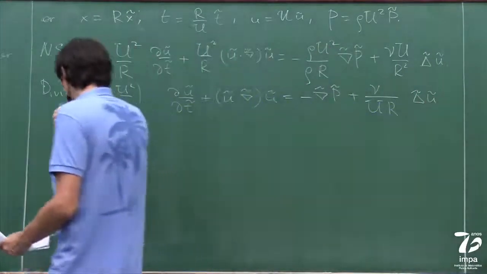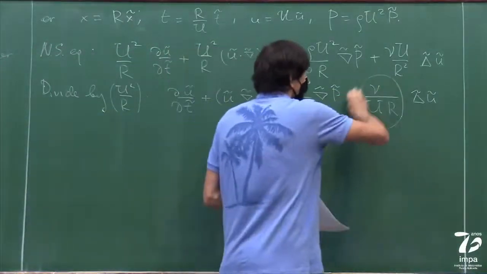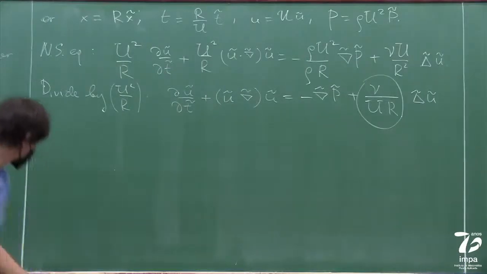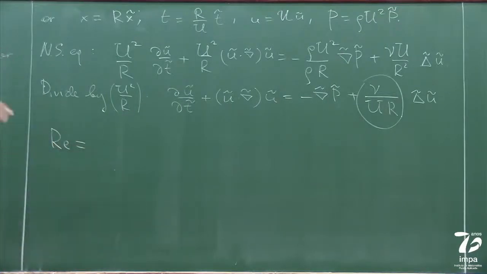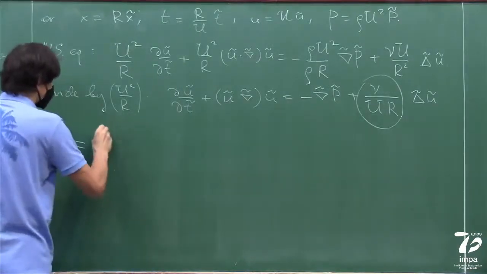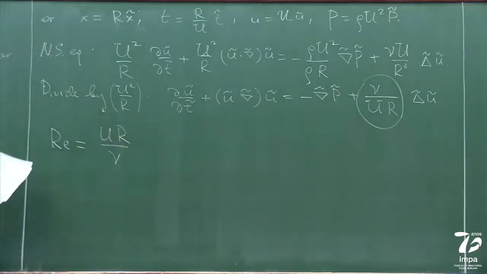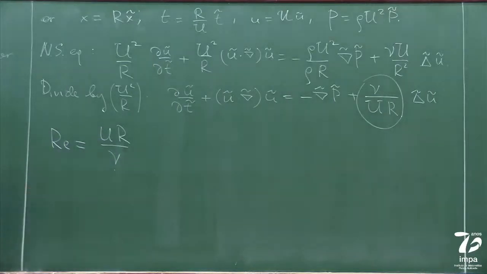Okay. So the next step is you see that there is only one coefficient left, and let's give a name to it. We give a name to it, but flipped, in the opposite way. We multiply the speed of the wind by the size of the cylinder divided by viscosity.